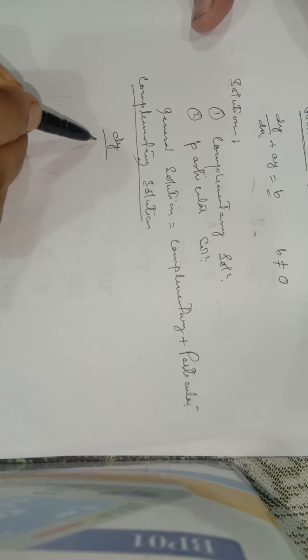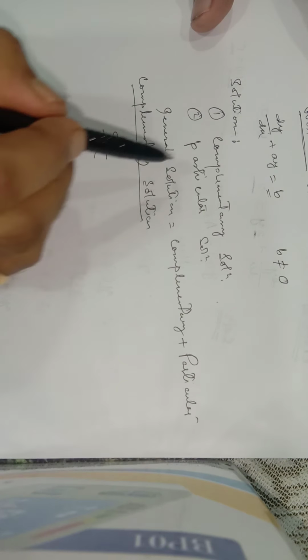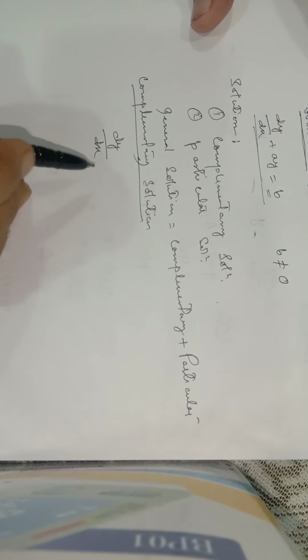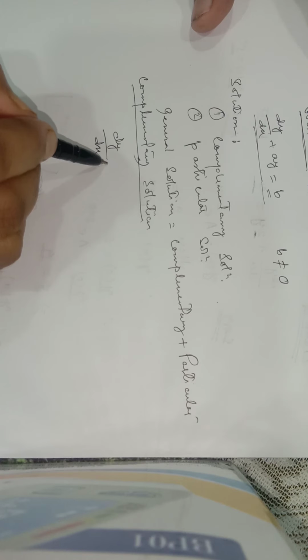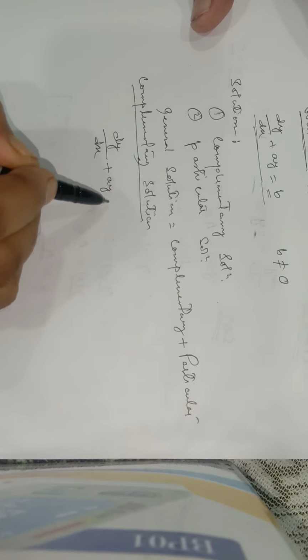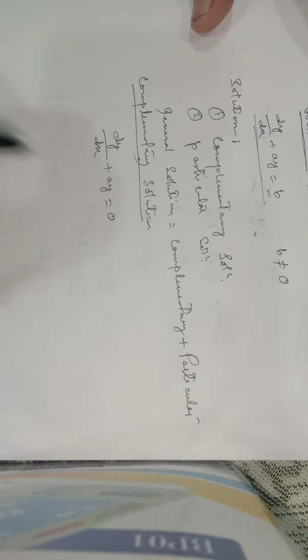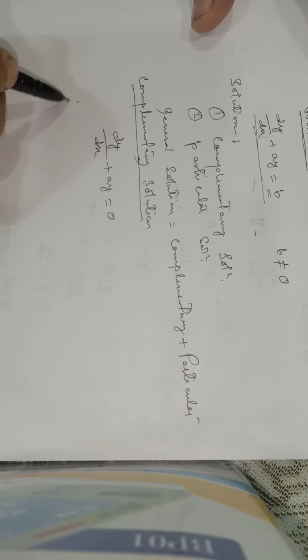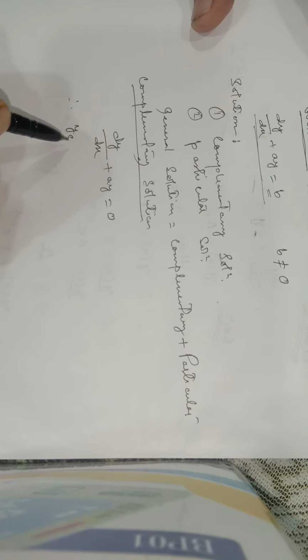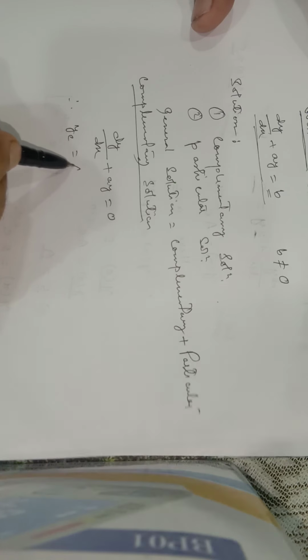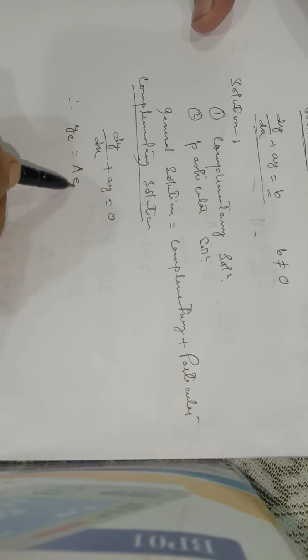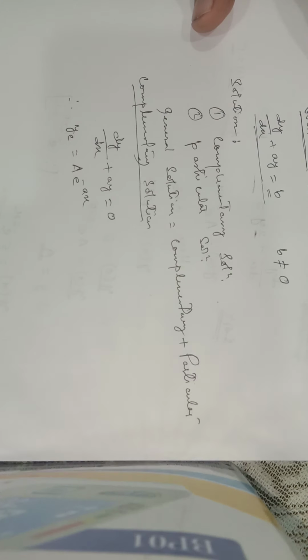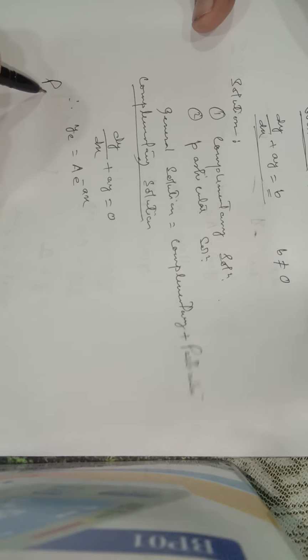For the complementary solution, first we rewrite this equation in homogeneous form: dy by dx plus ay is equal to 0. Okay, now the solution for this, the complementary solution that we derived earlier, is the simple solution a into e to the power minus ax. Okay, now the particular solution.